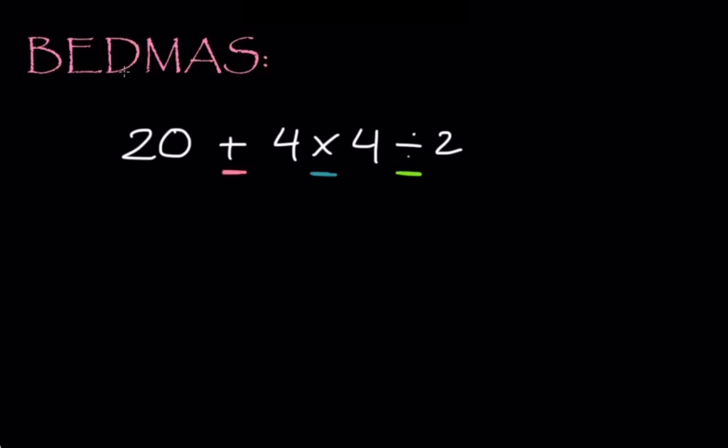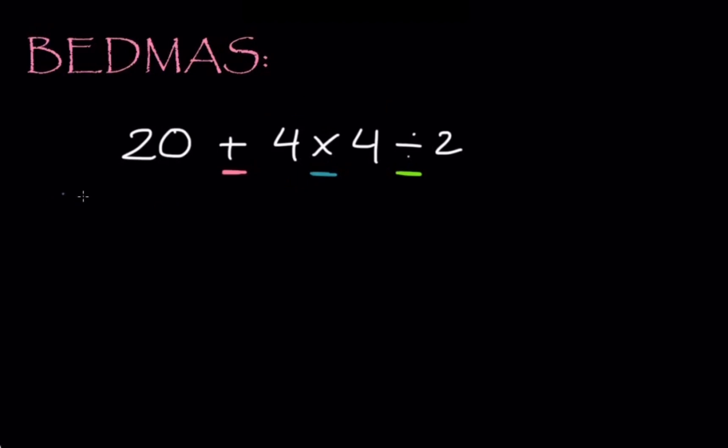We see division and then multiplication and addition. But we learned that division and multiplication are on the same level, and whichever one comes first from the left, we do that one first. So right now, since multiplication comes first from the left, we do that one first.